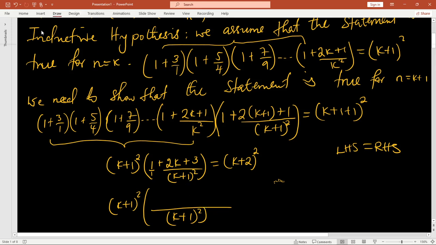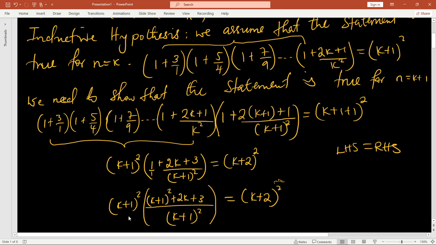So we're going to have k plus 1 squared by 1, we get k plus 1 squared, plus 2k plus 3, equal to k plus 2 squared, like this.